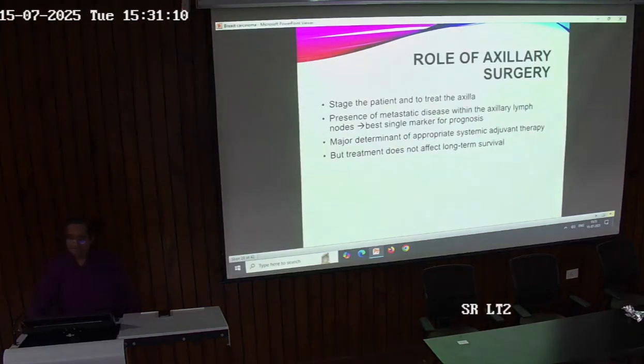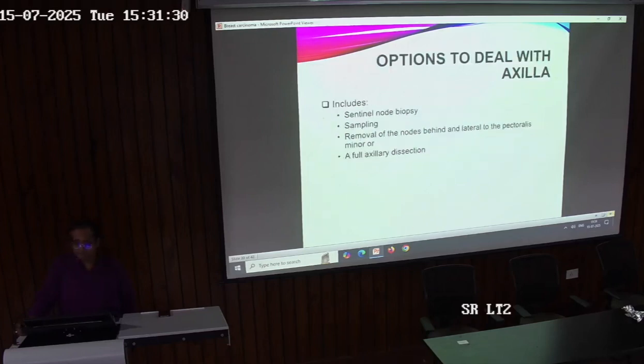Role of axillary surgery: when you have to perform an axillary surgery, it is to stage the patient and to treat the axilla. Presence of metastatic disease in the axillary lymph nodes is the best single marker for prognosis, a major determinant of the need for adjuvant therapy, but treatment does not affect long-term survival. Options: what are the options for dealing with the axilla? How do you know the involvement of the axilla?